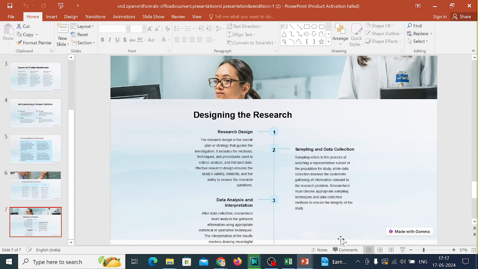And to get your paper published in reputed areas, suppose IEEE, Scopus, Index, UGC Care, these are all reputed journals, you need to be very careful.